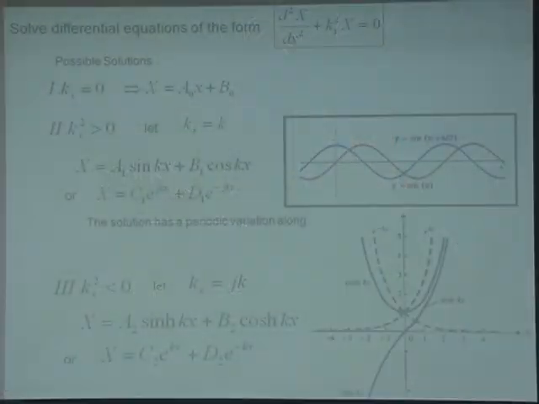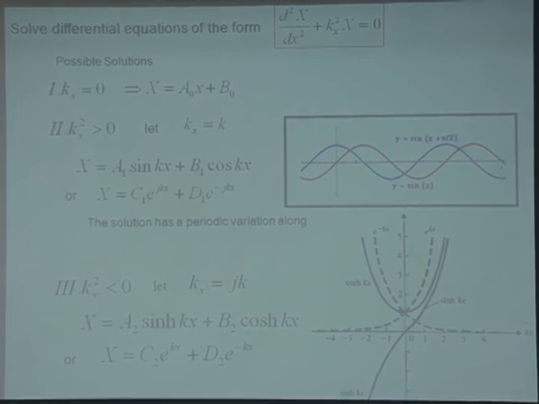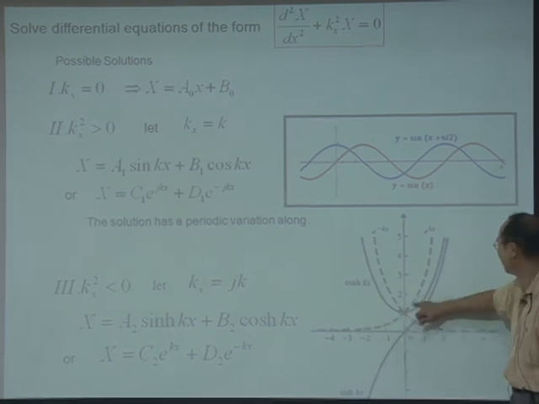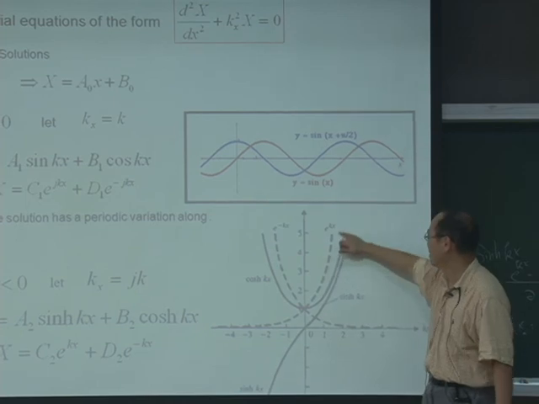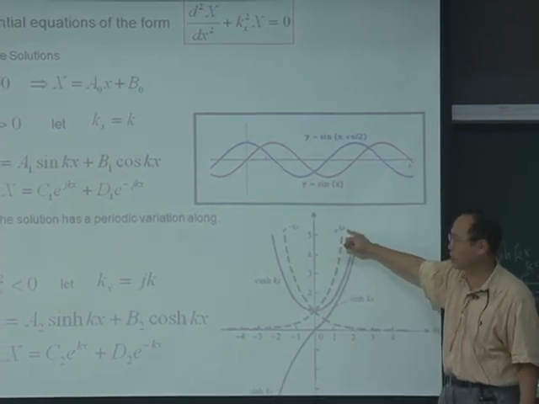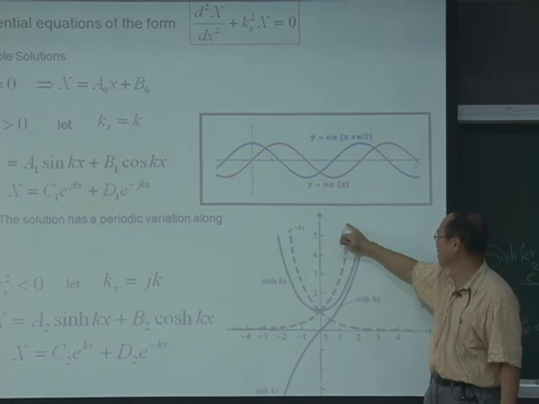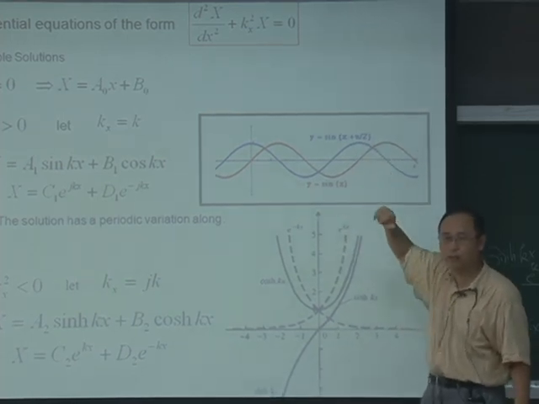Well, again, when you write down this sinh cosh exponential kx exponential minus kx, you have to know the behavior of each function. Therefore, you know how to pick up the solution to match your boundary condition. For this exponential kx, follow this curve. Okay, there's an important tendency for this curve. When x approaches infinite, this exponential kx is going to go to infinite.